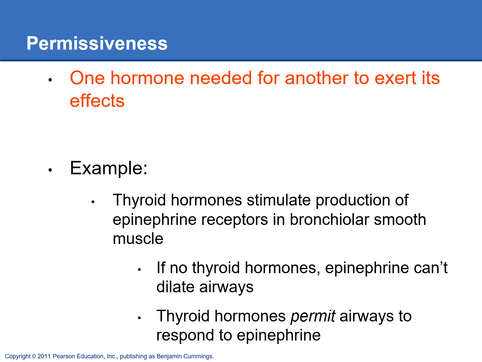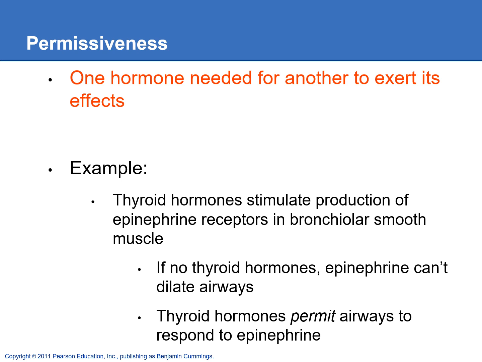So if thyroid hormone is not around, the smooth muscle in the airways will not produce epinephrine receptors. And then if epinephrine is secreted, the airways will not dilate because there's no epinephrine receptors.